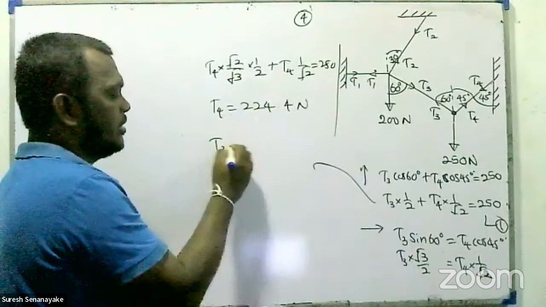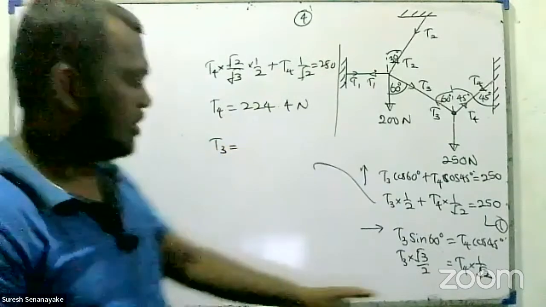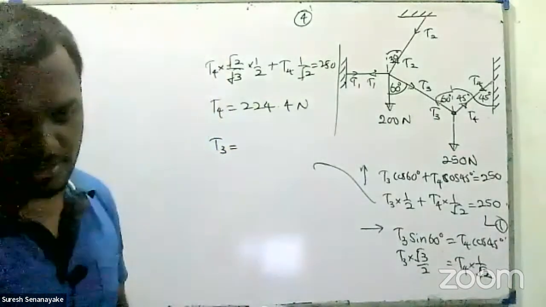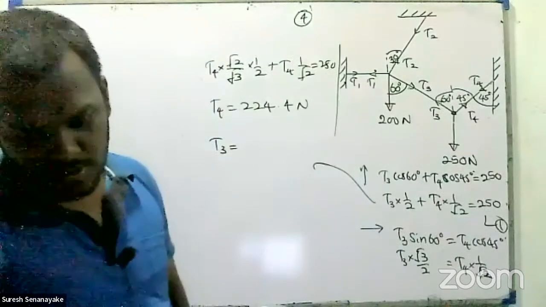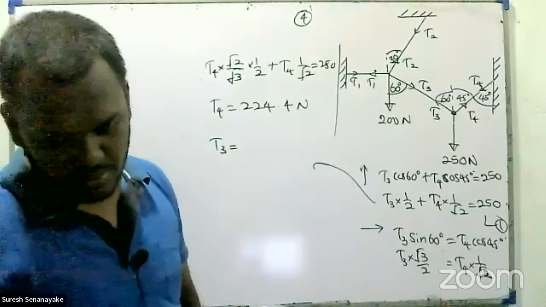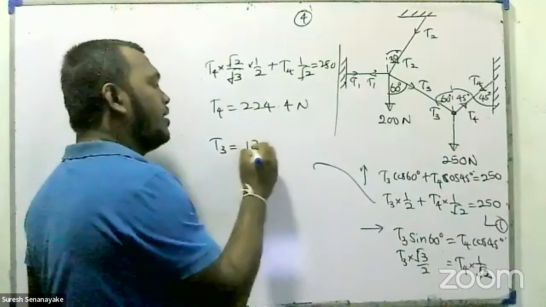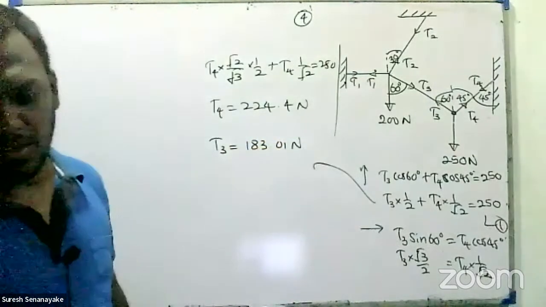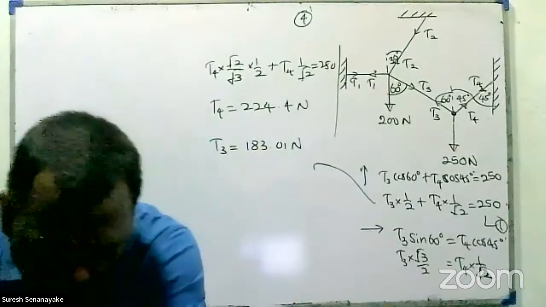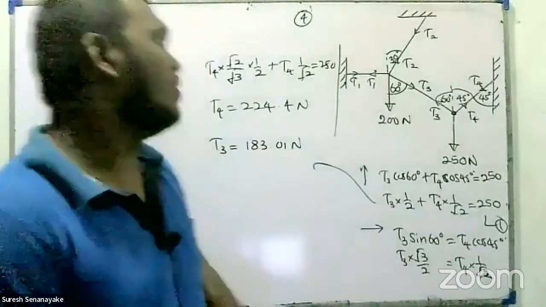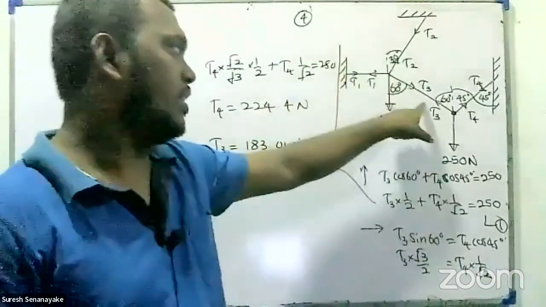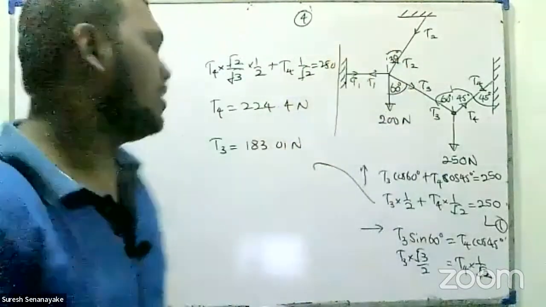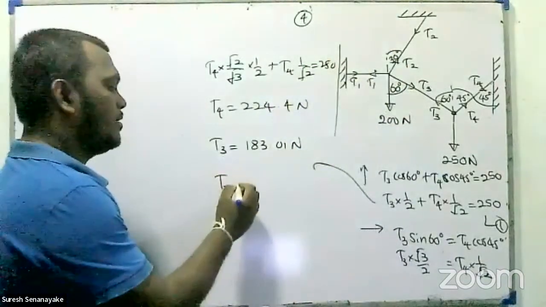And then the T3, and also we can find the T3 here. So that will be around 183.101 Newton. Then the same thing you can do for this side, then T1, then T2 also you can write.